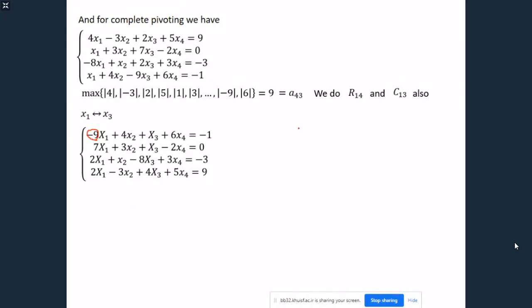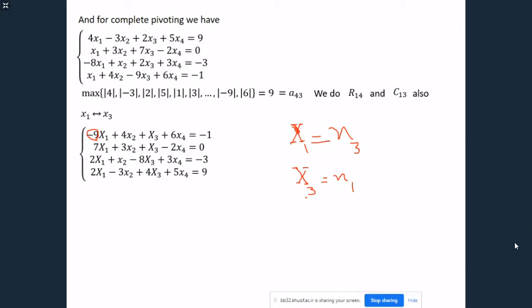We know X1 in capital mode is previous x3, and X3 in capital mode is x1.